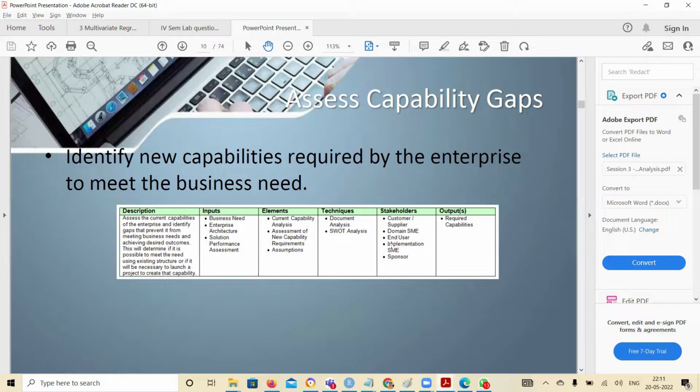So the description: assess the current capabilities of the enterprise and identify gaps that prevent it from meeting business needs and achieving desired outcomes. This will determine if it is possible to meet the need using the existing structure, or if it will be necessary to launch a project to create that capability, right?